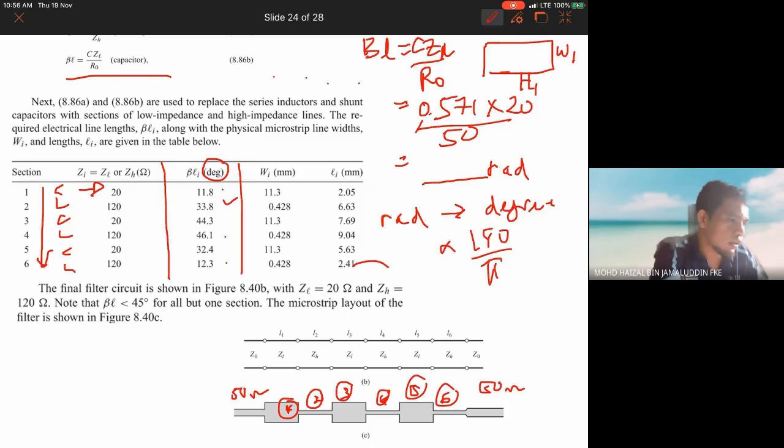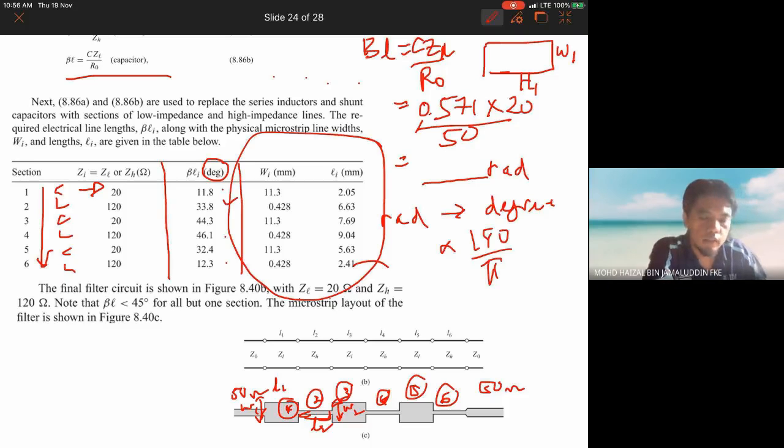That's why you are calculating all the values in this table, which you can label. So this is L1 with the width of W1, L2 with the width of W2, and so on. You label it from this layout.